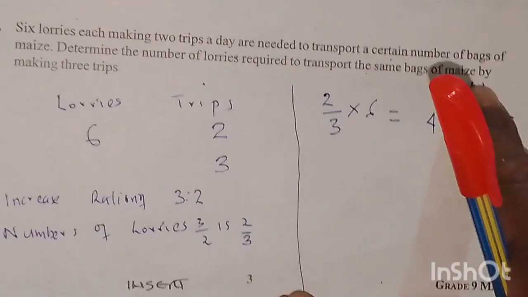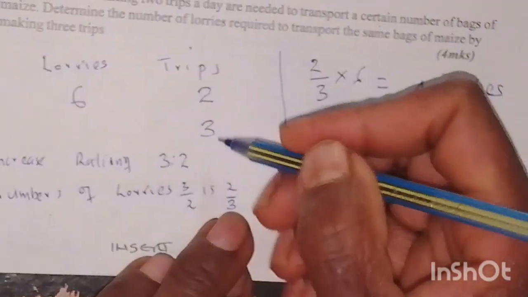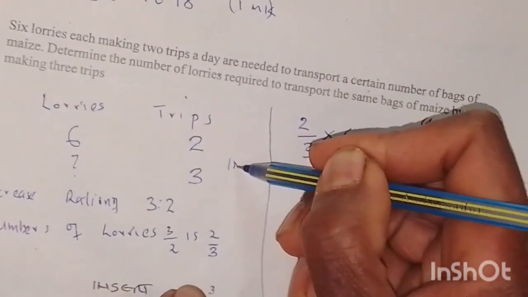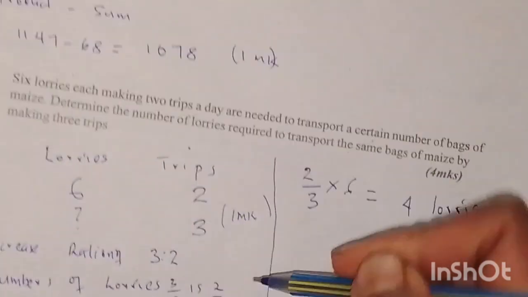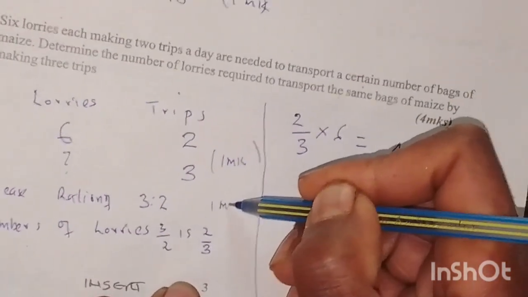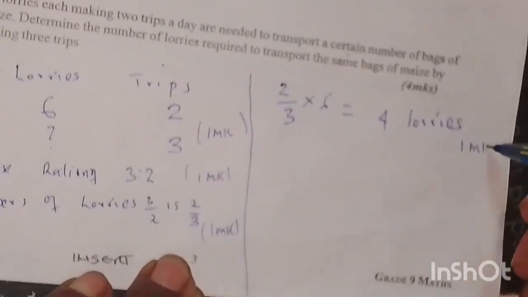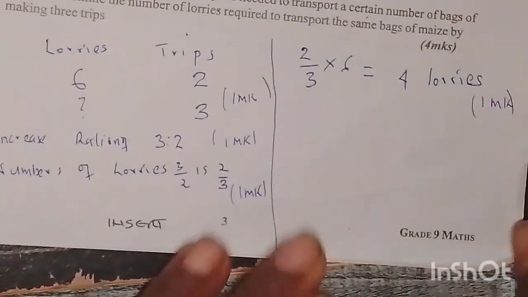Now, because the answer demands 4 marks, this becomes 1 mark, this is 1 mark, this is another 1 mark, this is another 1 mark, and the answer is 1 mark. 4 marks.